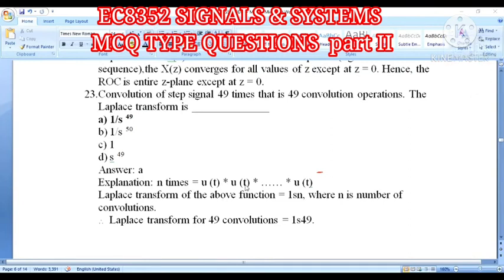When you take the Laplace transform of this function, you get 1 by s power n, where n is the number of convolution operations. So for 49 convolutions, 1 by s power 49 is the answer. So option A is the correct answer for you.